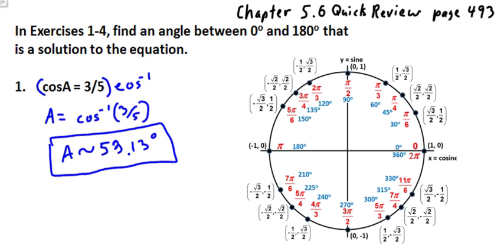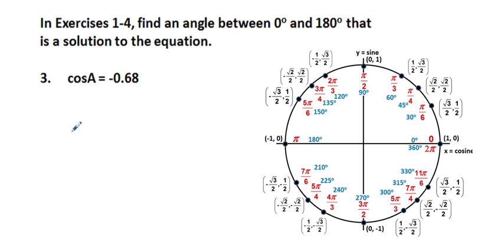Next, we're going to go on to problem number 3, which is the cosine of angle A is equal to -0.68. And again, our limitations are between 0 degrees and 180 degrees. In this instance, the cosine of this angle is negative. So our negative cosine values start showing up here as we get past 90 degrees on our way to 180 degrees.